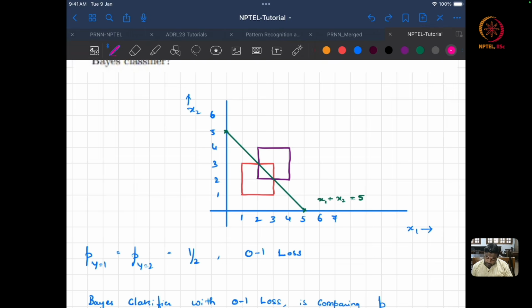So now we are comparing this. These are the two densities that you have in hand, the orange and pink.